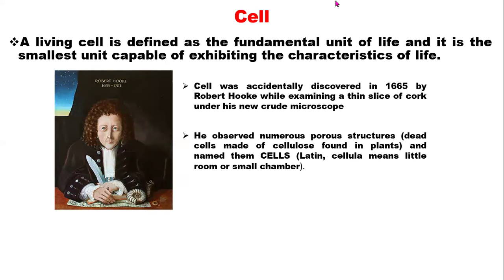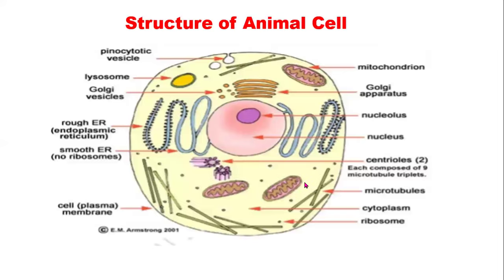Okay, now let's look at the structure. What does an animal cell look like? So this is the typical structure of an animal cell. This is a well-labeled diagram. We are going to talk about the shapes in the subsequent slides.